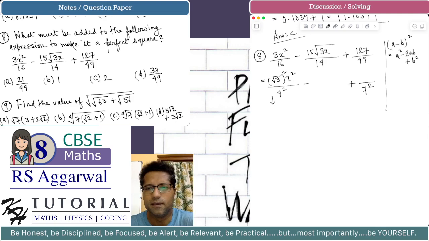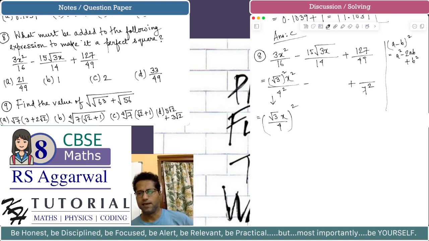Now we can see that the a in this expression, that is root 3x by 4, this is equal to root 3 into x by 4 whole square.